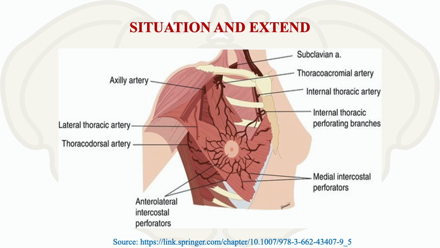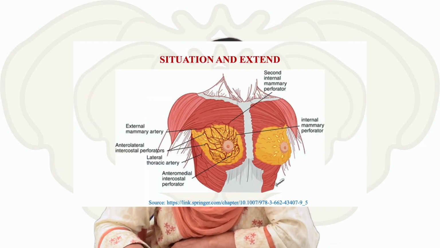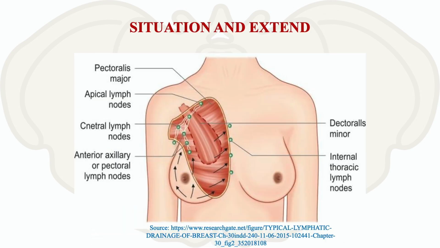And in this diagram you can see the different venous structures or veins which supply the breast, like subclavian, internal jugular vein, cephalic vein, lateral thoracic vein, then the lymphatics which supply the breast tissues.